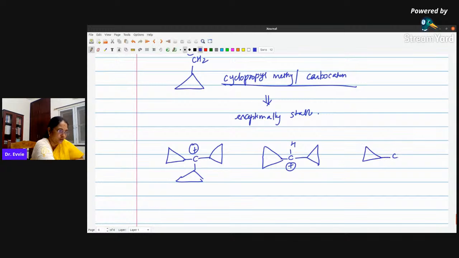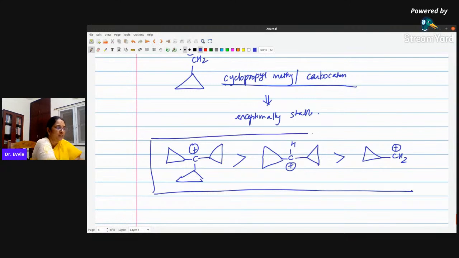So this is your cyclopropyl methyl carbocation. Among this one, there are 3 rings here. So this will be tertiary, this will be secondary, and primary. So all these 3, try to add before that. Not many questions are asked. They have asked you only with this as far as I know. But please remember, this has to be before the stability order that I have given you. Okay.